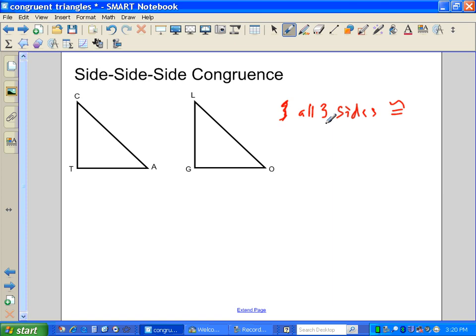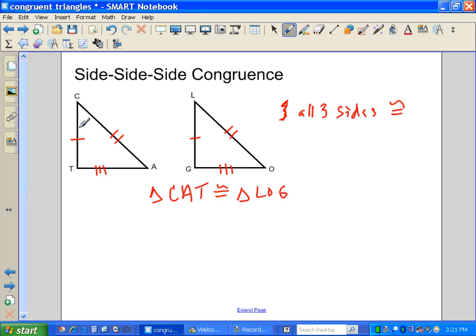The way that we might mark this is we might say that this side length is equal to this side length, that CA is congruent to LO, and that TA is congruent to GO. If all 3 side lengths of one triangle are congruent to all 3 side lengths of the other triangle, then we can say that triangle CAT is congruent to triangle LOG.